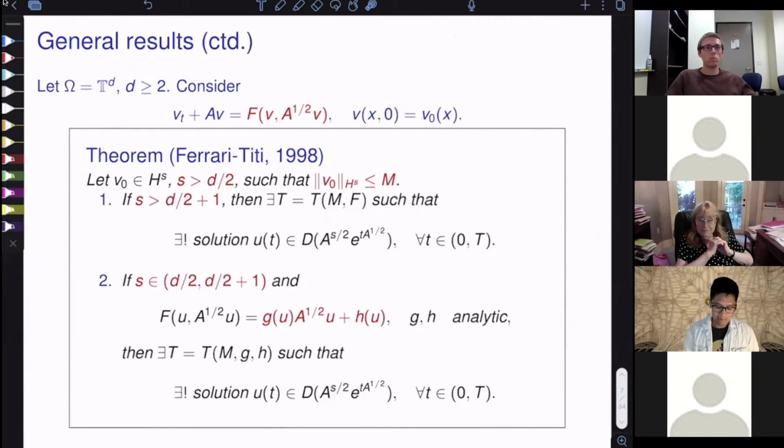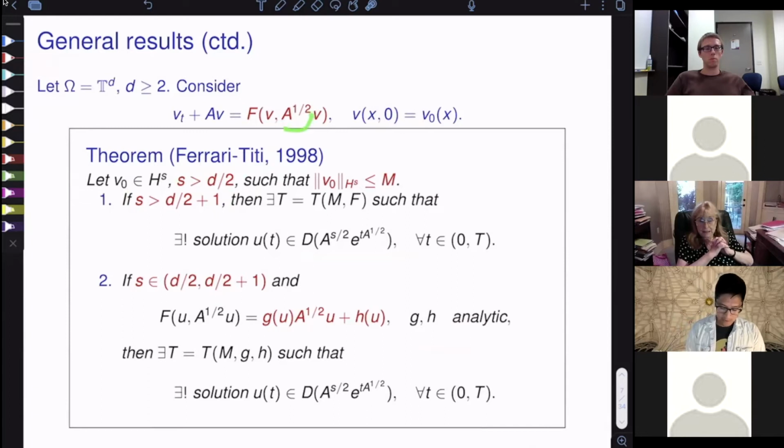When F is now allowed to depend on derivatives, in particular one derivative of v, then you can say more. In general, if you work in the space H^s where s is greater than d over 2 plus 1, then you have a local solution that instantaneously enters a Gevrey class.